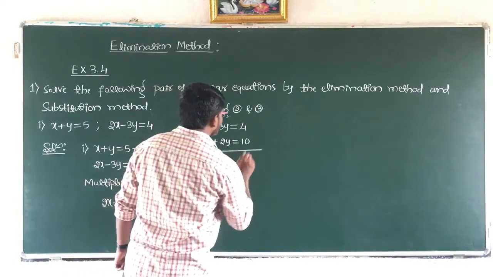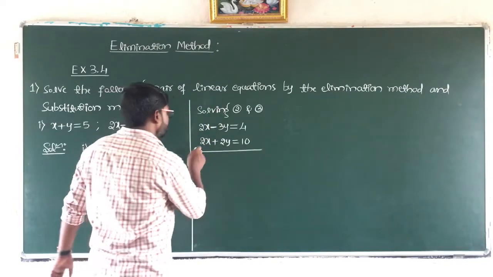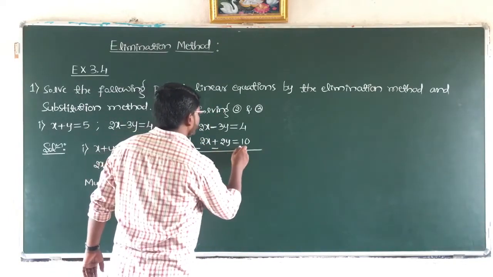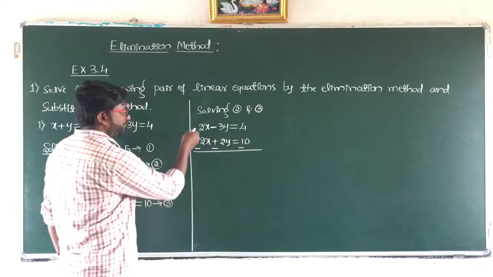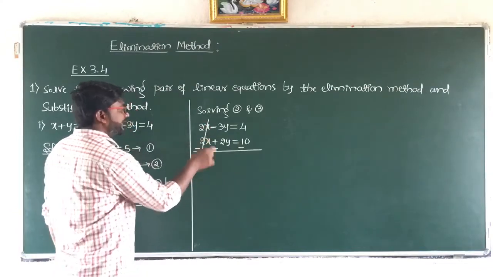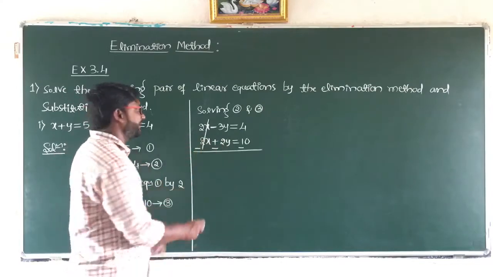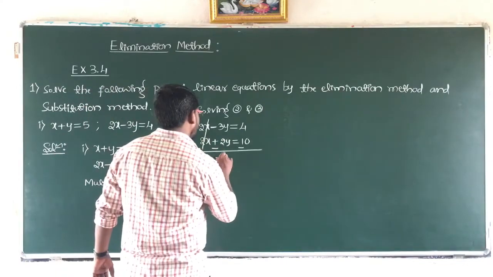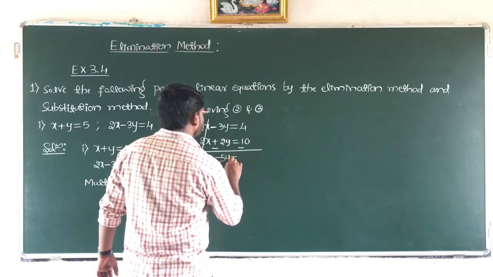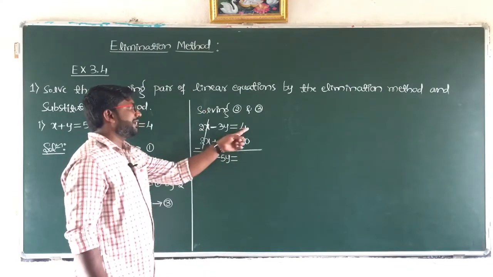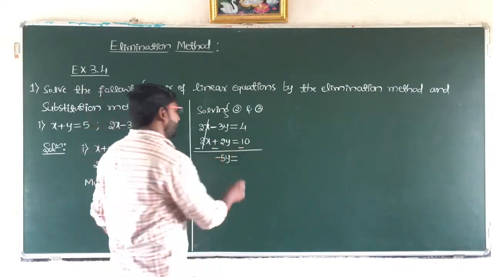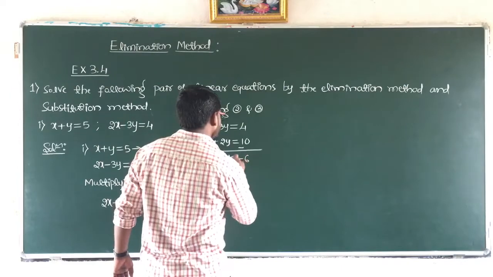Now change the signs, minus, then minus. So 2x minus 2x gets cancelled. Now minus 3y minus 2y will be minus 5y, which equals 4 minus 10, that is minus 6.